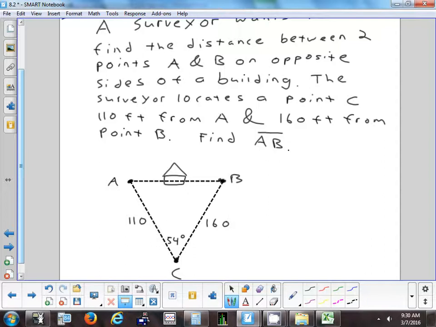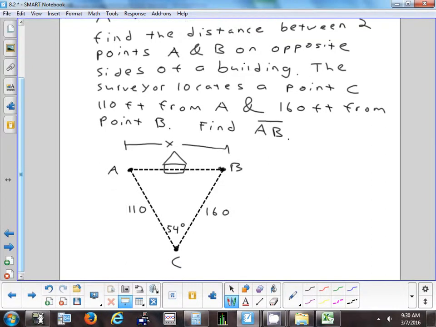All right. So this time, they've used A, B, and C for the angles. Okay, I'm just going to call this third side X. X is what we want to find. Okay, anyone think they could give me the rest of my equation? I'm giving you a hint how to start. Side angle side. Yep, it's side angle side. So what would be my equation to find X?